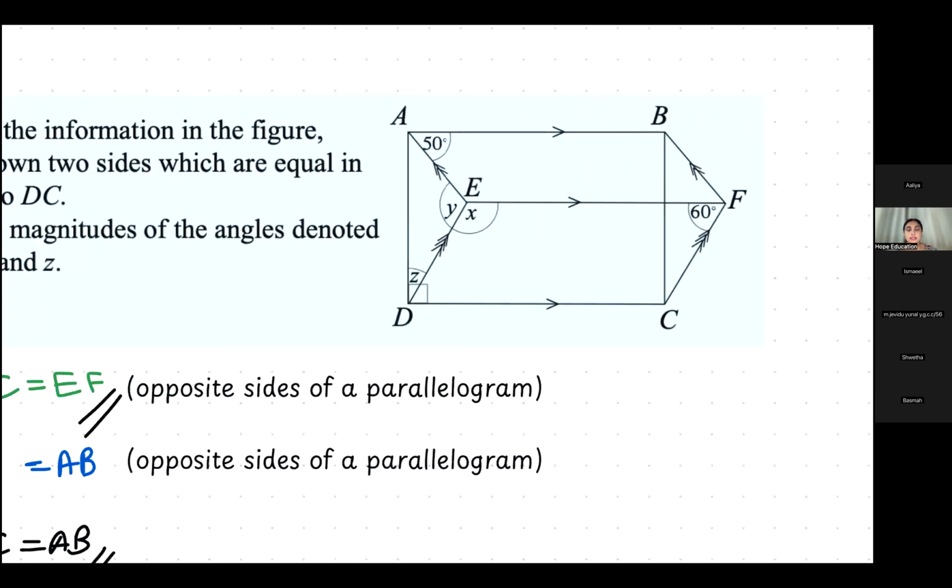Why? Because this side and this side are parallel. Therefore, these are allied angles. Allied angles can be C-shaped angles. So when you add, they become 180. So X plus 60 equals 180.